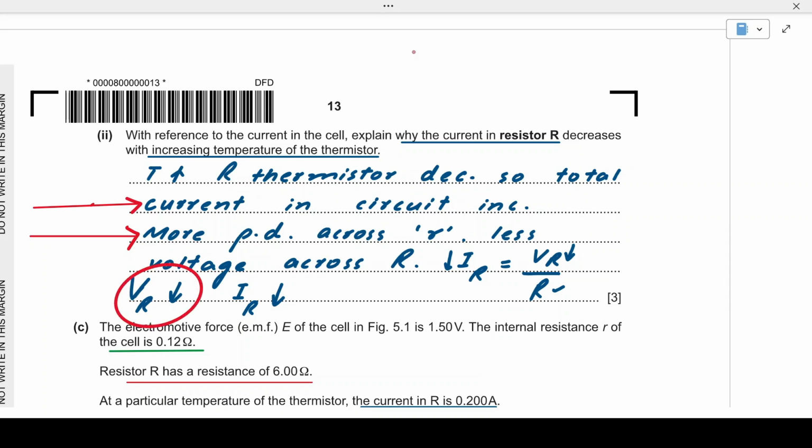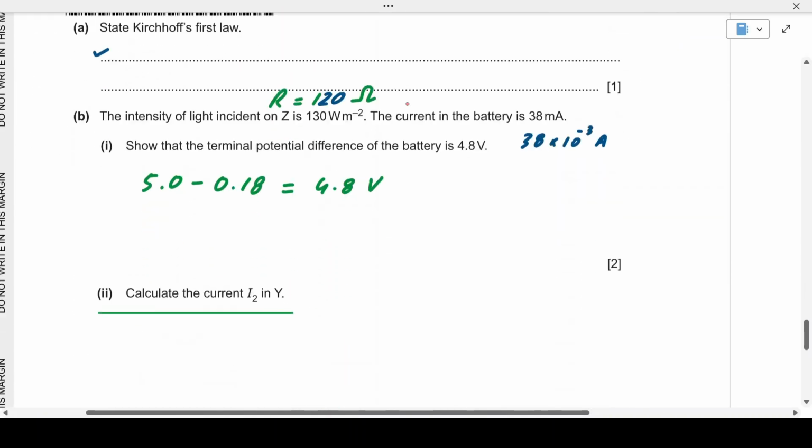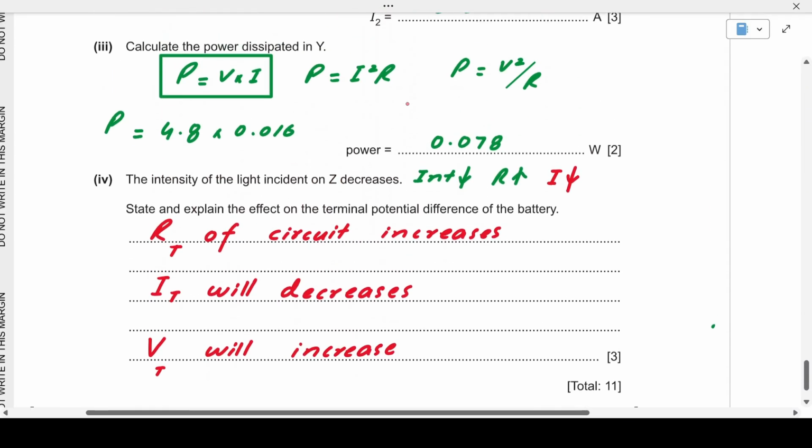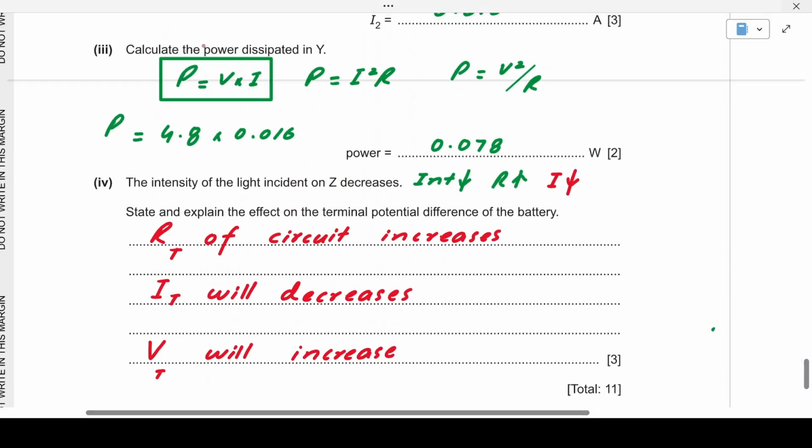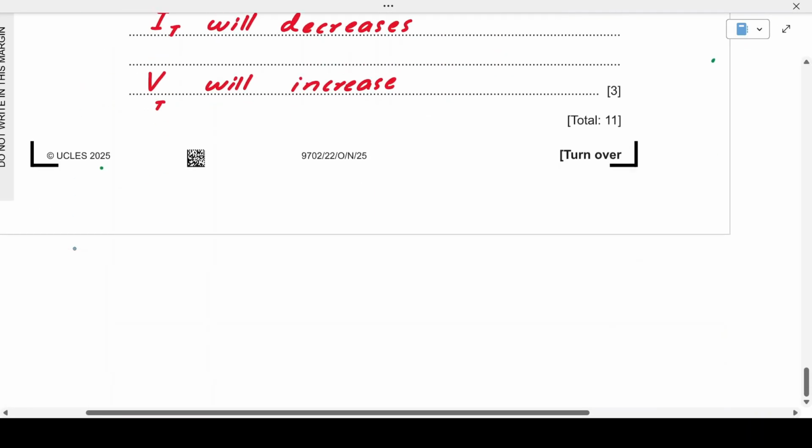So if there is more current in the circuit, then terminal voltage decreases, and if there is less current in the circuit, then terminal voltage increases. So you can note down this one as an important note also.